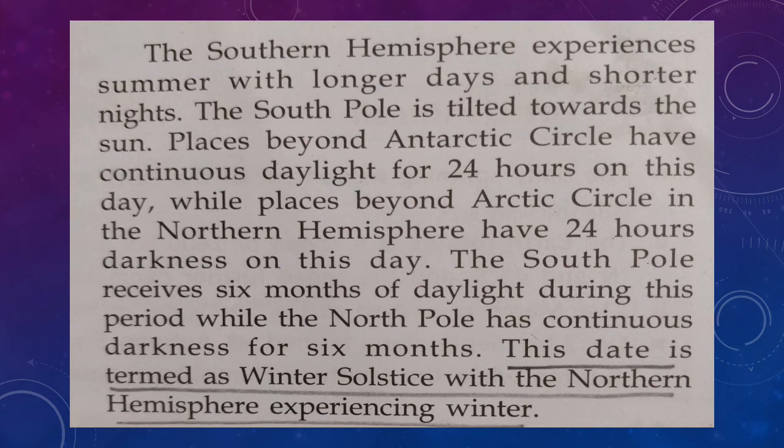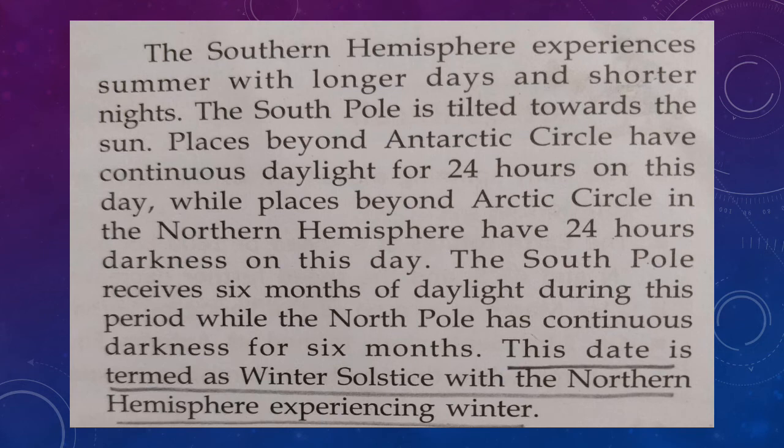Places beyond Antarctic Circle have continuous day for 24 hours on this day, while places beyond Arctic Circle in Northern Hemisphere have 24 hours darkness on this day. Their longest day is 24 hours, and in Northern Hemisphere the longest night is 24 hours.